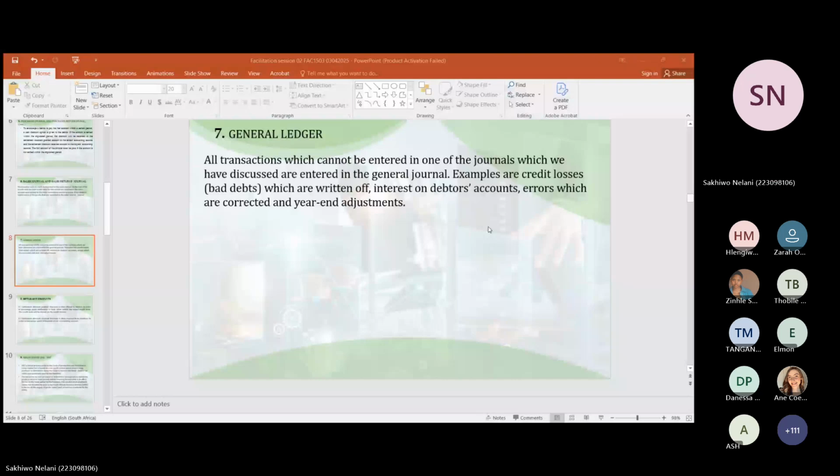Okay. Any other comment? Yes, Pumzina. I think that if a person is deceased, the person is no more. So that debt that was owed will be written off because that person is no longer alive.